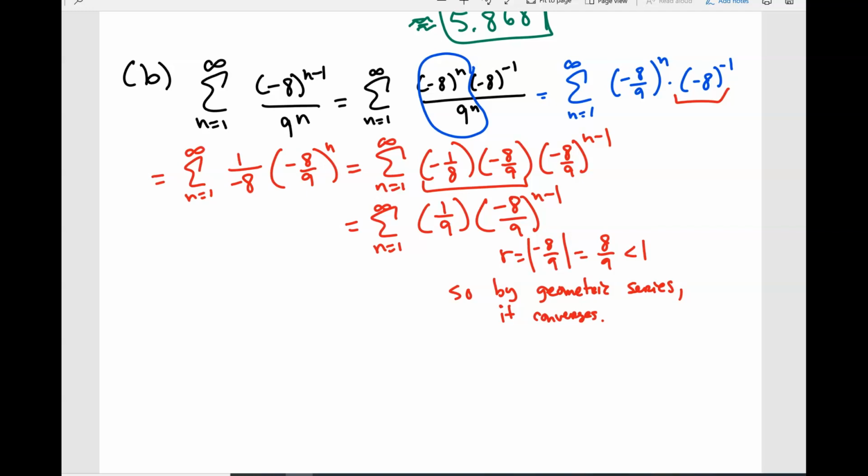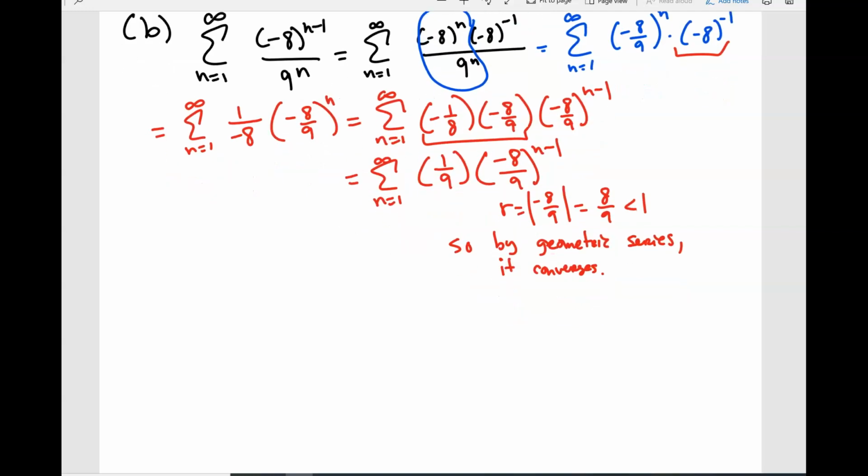Okay, since it converges, all we have to do is just find the partial sum. So S sub infinity equals a1 over 1 minus r. a1 in this case is equal to 1/9, divided by 1 minus r. r in this case is going to be negative 8 over 9. Okay, so let me go ahead and put this in my calculator.